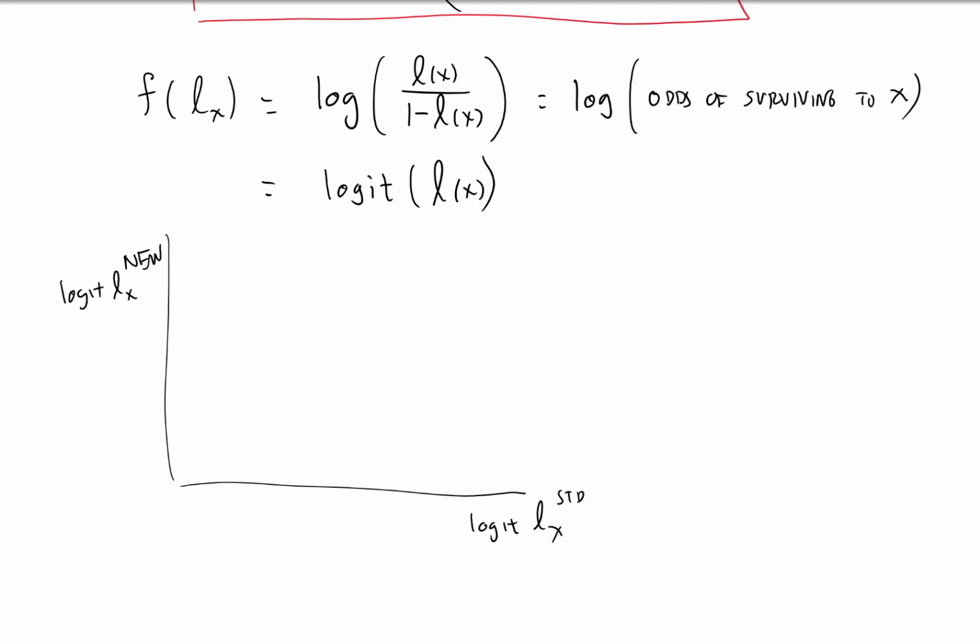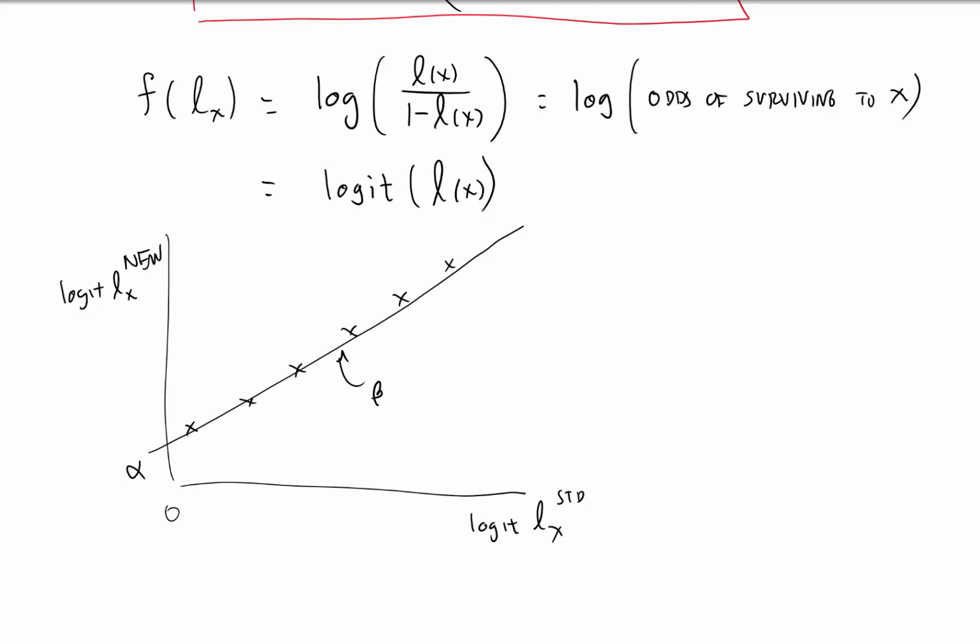The alpha and beta mean that what we're suggesting is that there's some line, and this intercept at 0 is going to be alpha, and this slope is going to be beta. So the slope is beta, and the intercept is alpha, and then you untransform it, you untwist it.